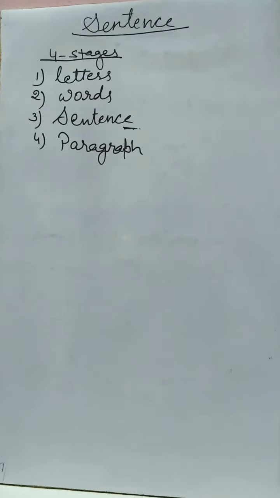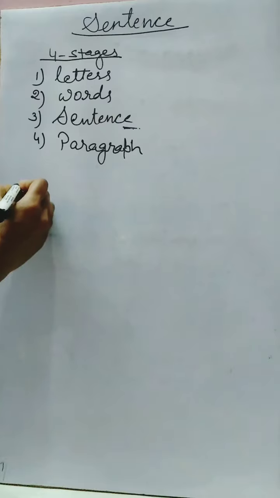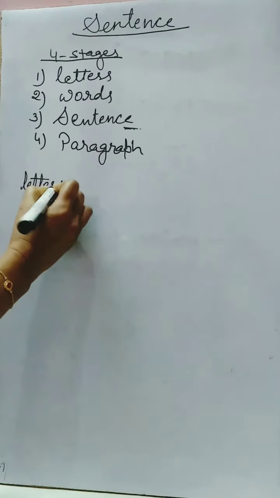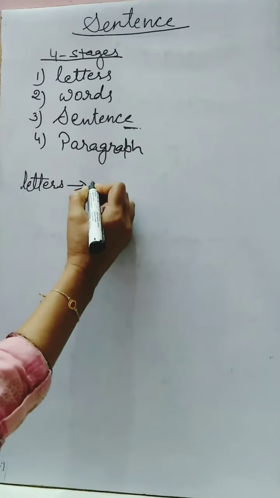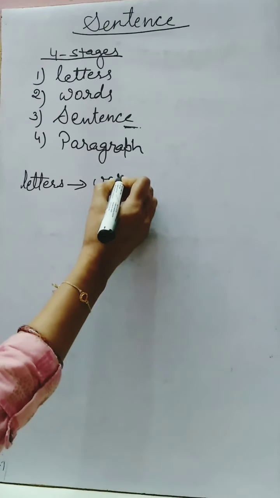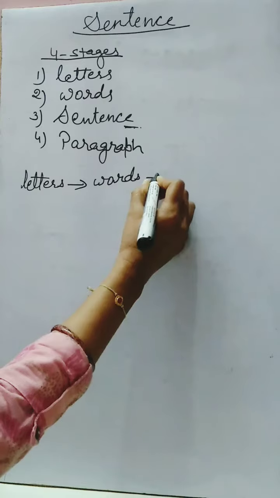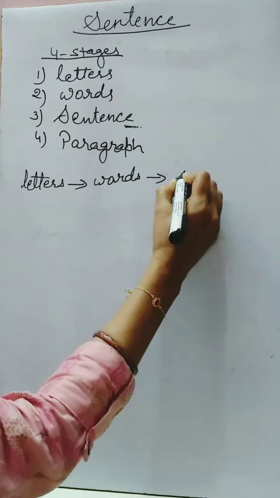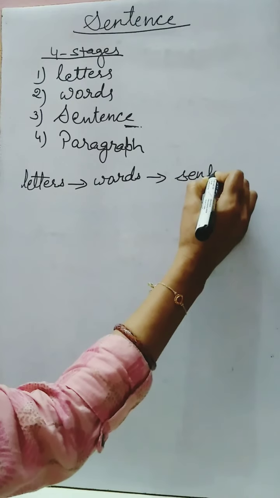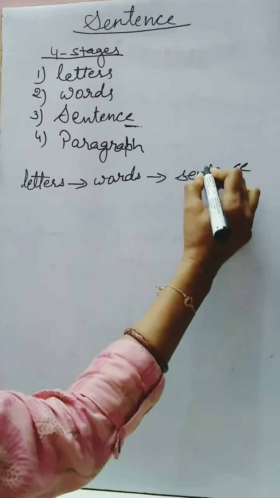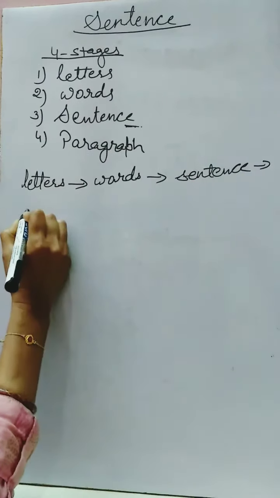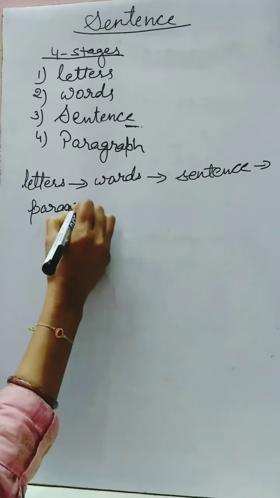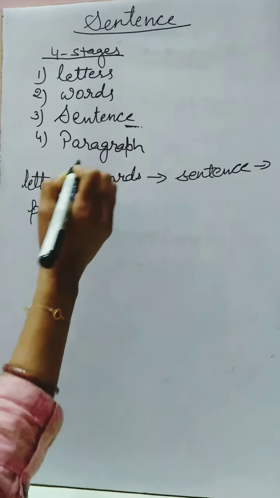And I have told you that a combination of meaningful letters is called words, a combination of meaningful words is called a sentence, and a combination of meaningful sentences is called a paragraph.